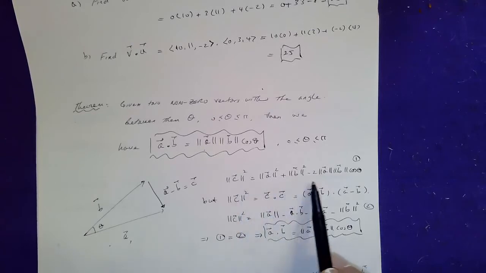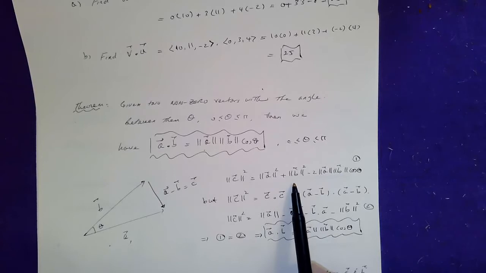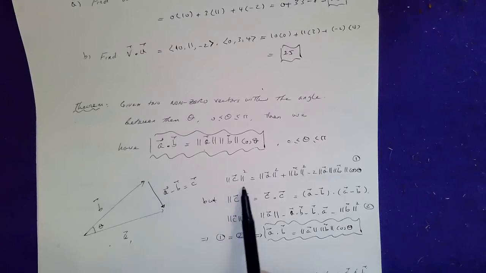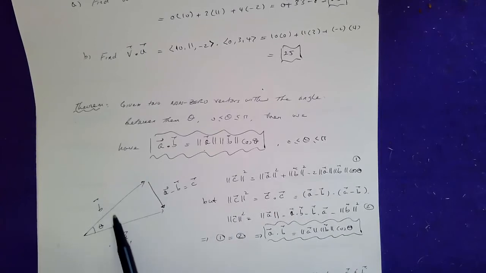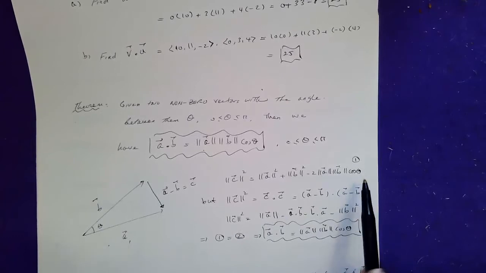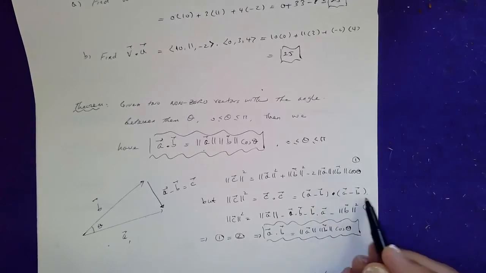So if you use the law of cosines from trigonometry, that would be the sum of the squares of these two sides minus twice the product of the magnitudes of these two sides times the cosine. But it turns out the magnitude of c squared is c dot c, which is the same as (a minus b) dot (a minus b).